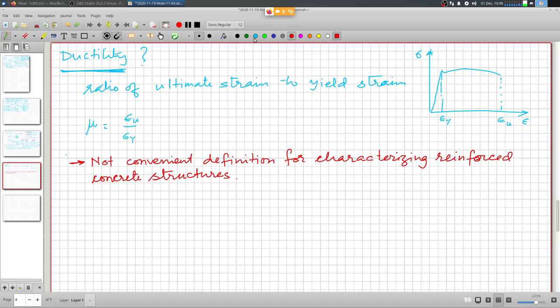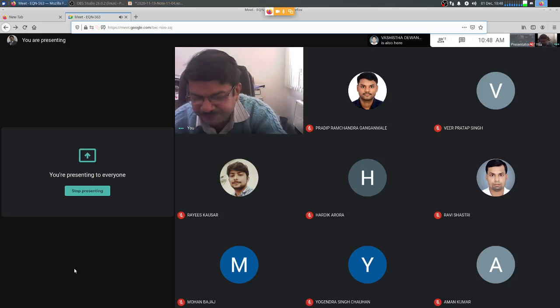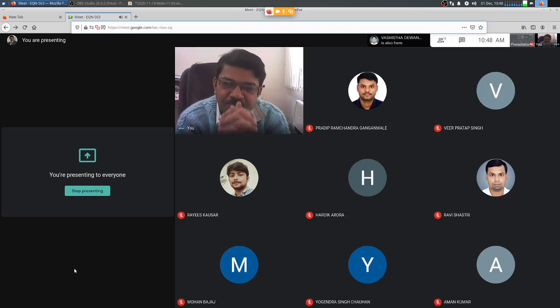So if this is not suitable, then what is done? How should reinforced concrete sections be dealt with? Any thoughts on that? What do we do in case of reinforced concrete structures? You need to go back to the first principles.